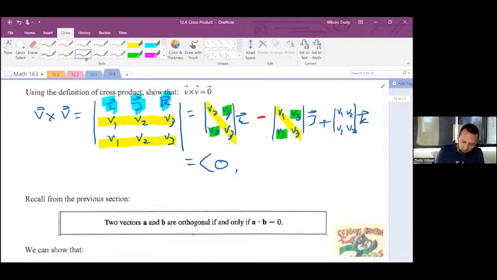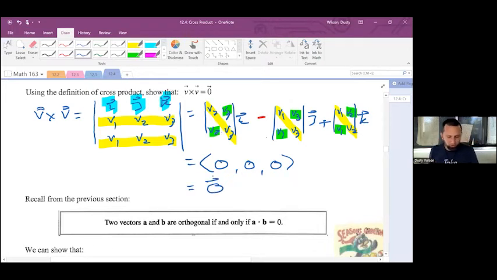Again, that's a funny way of writing 0 in the Y or j position. And lastly, v1 times v2 minus v1 times v2. Again, 0 in the k or the Z position. And so we get that V cross V is equal to the 0 vector.